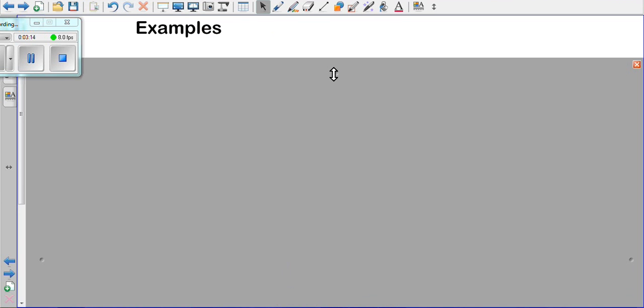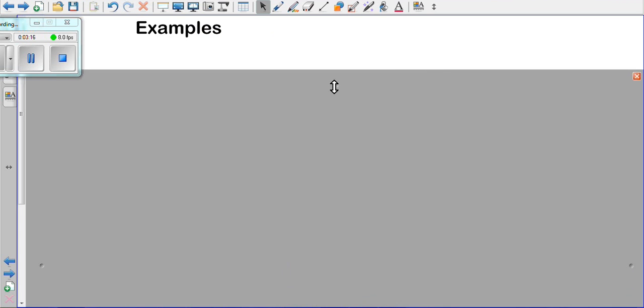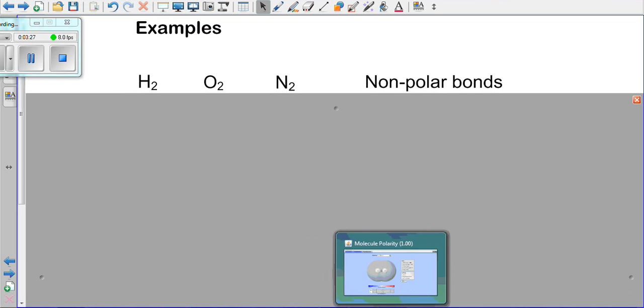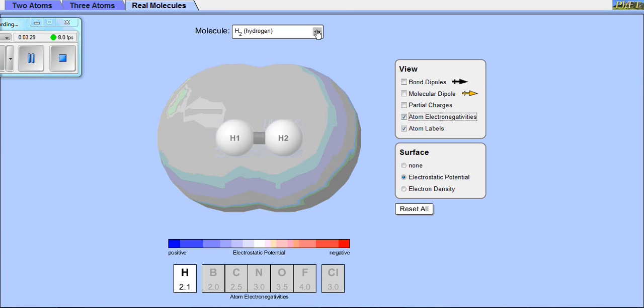Another example which we're going to look at will be the oxygen molecule, and we can also look at the nitrogen molecule at the same time. Before I do the oxygen, we see that the hydrogen has a single bond with another hydrogen atom to form the hydrogen molecule.